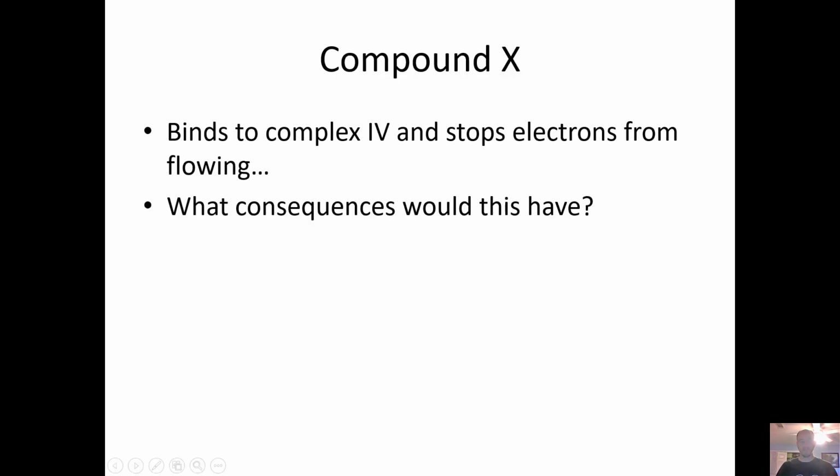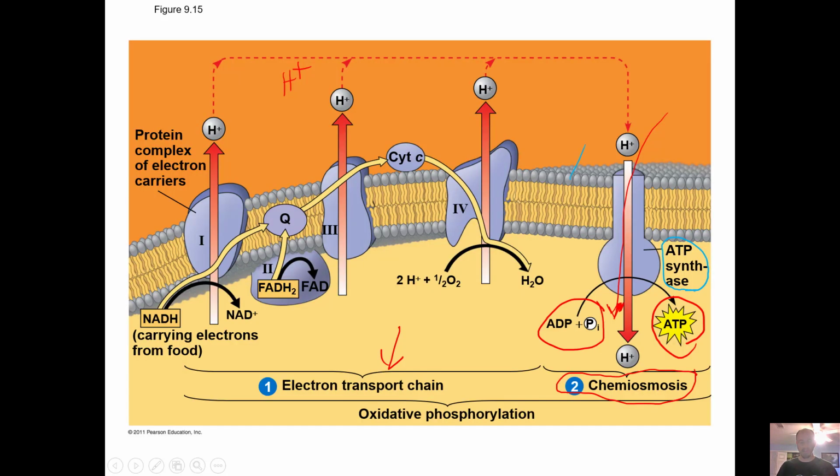And all of this combined has the fancy term oxidative phosphorylation, because ultimately we're using oxygen to glue phosphate to ADP, right? Making ATP. So oxidative phosphorylation is this whole process. The electron transport chain part is the part where electrons flow and hydrogen is pumped.